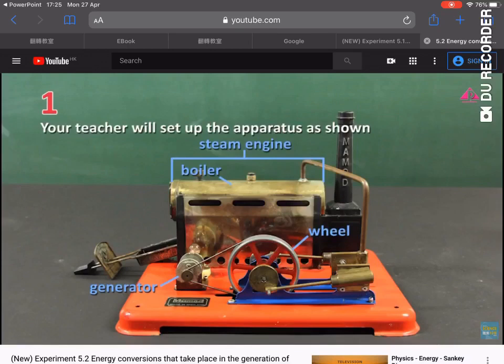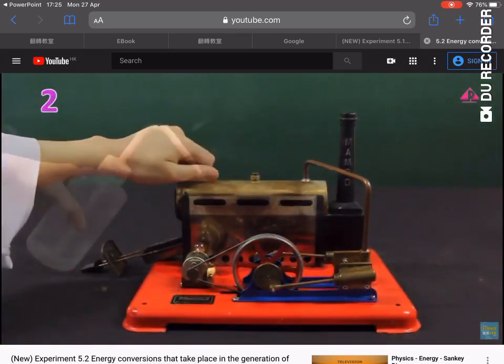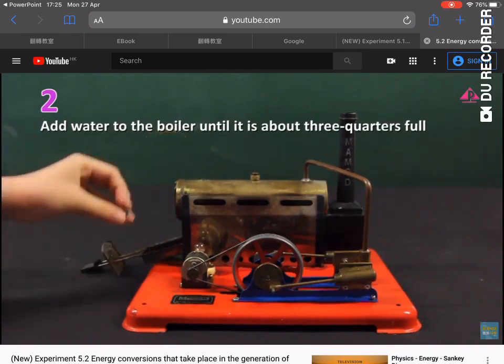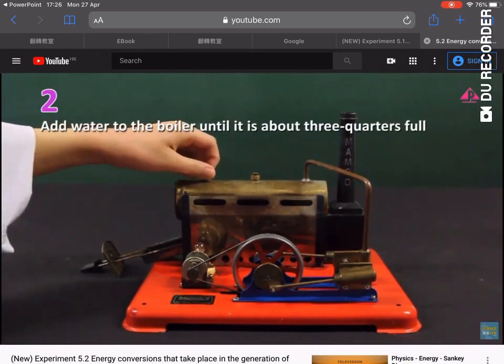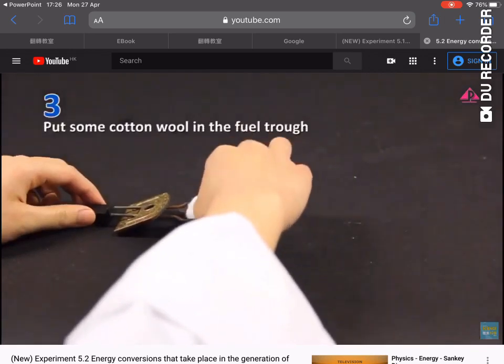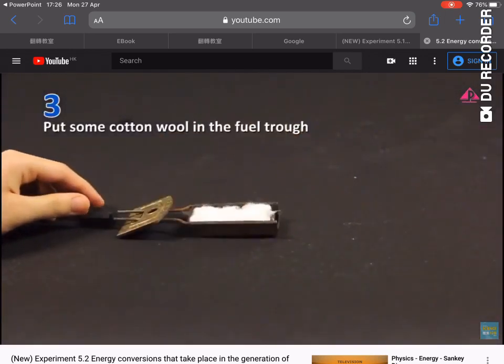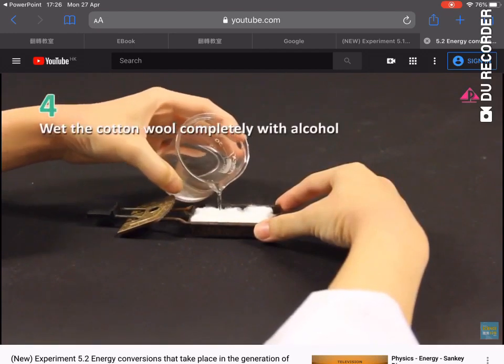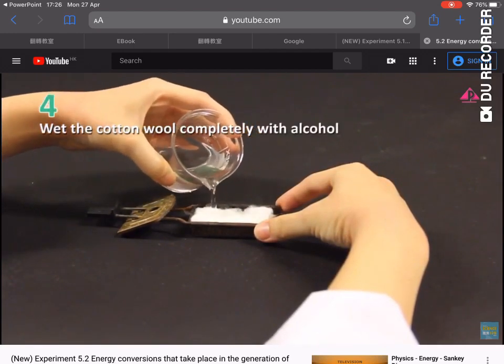Your teacher will set up the apparatus as shown. Add water to the boiler until it is about 3/4 full. Put some cotton wool in the fuel trough. Wet the cotton wool completely with alcohol.